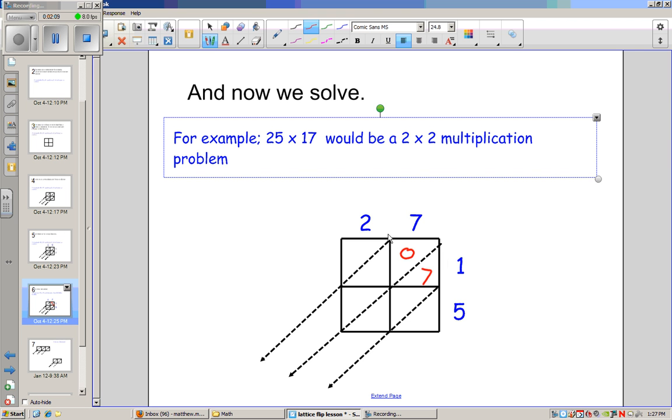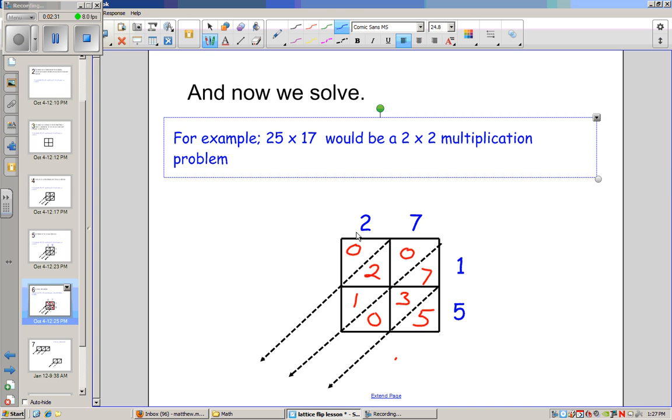Then we move on to our next one, which is 1 times 2, and that is 2. So we're going to put 0 and 2 in here. We then move down to the next row and we get 5 times 7, which is 35. Each number goes in a separate box. And we do 5 times 2, which would be 10.